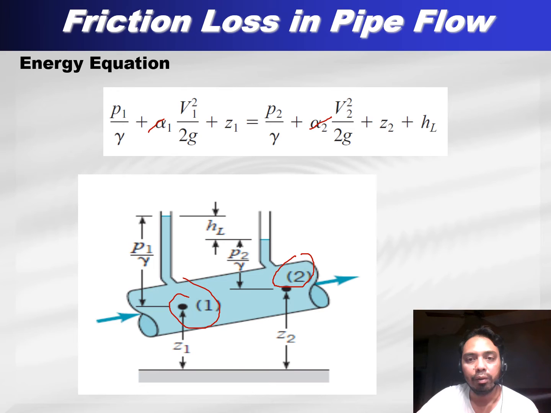The one difference is we introduced the term HL over here, which stands for head loss or the friction loss. The friction loss is because of the viscous dissipation, due to the friction between the viscous layers of the fluid in this case.